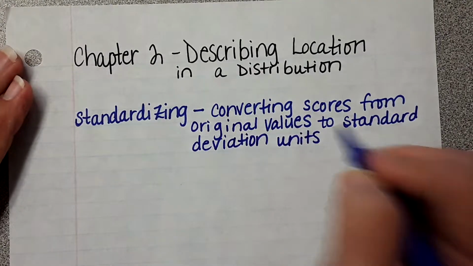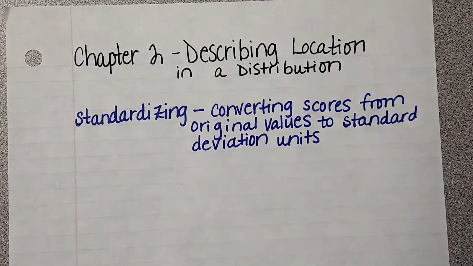So we're going to take those scores and convert them to standard deviations, so that we know how many standard deviations this score is away from the mean. That's what we're doing.